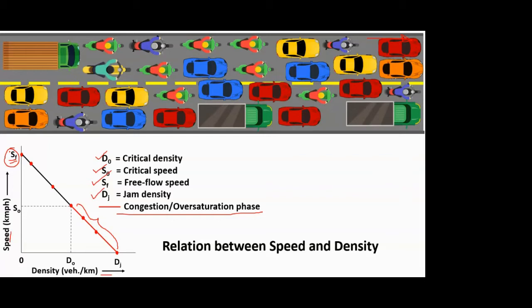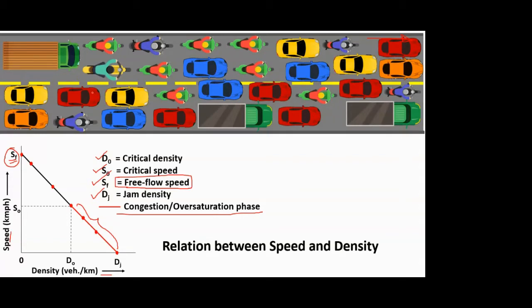In that case, the driver is free to drive at whatever speed he or she desires. In terms of traffic, we say this is the free flow speed, that the vehicle can move freely without any hindrance at that particular speed. So that is your SF.